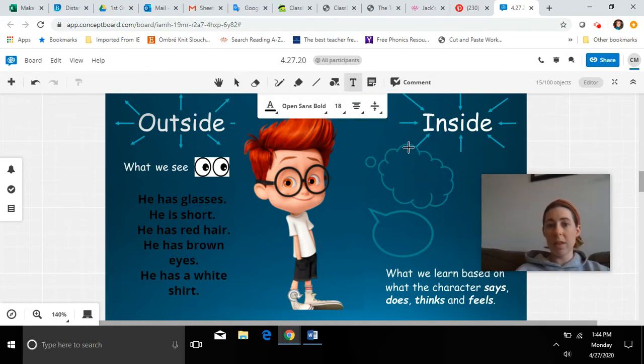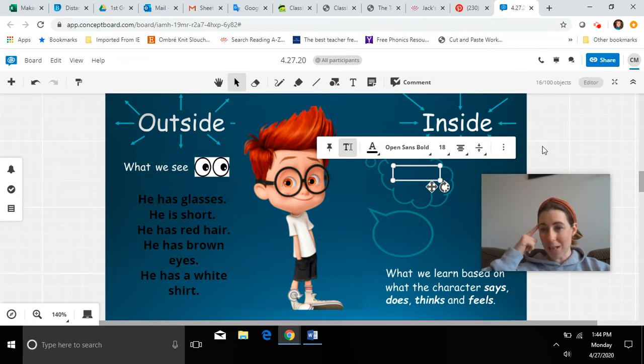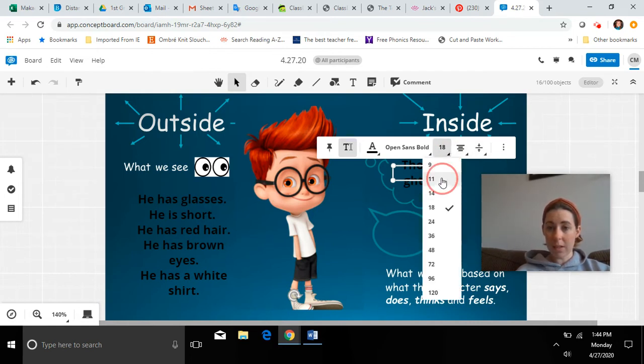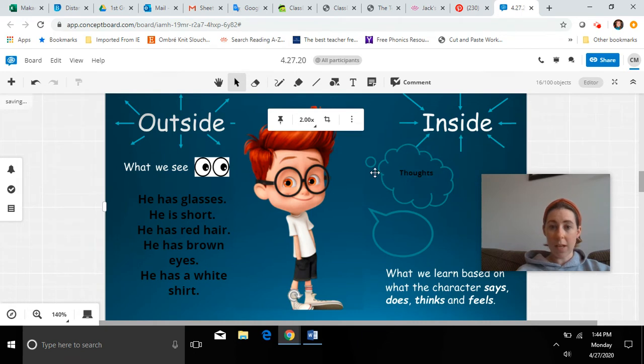So when we're trying to tell a character's trait, we have to pay attention to what they're thinking, so their thoughts. Okay, so we have to pay attention to his thoughts, what he's thinking in the story.